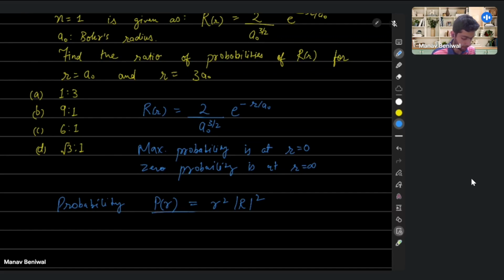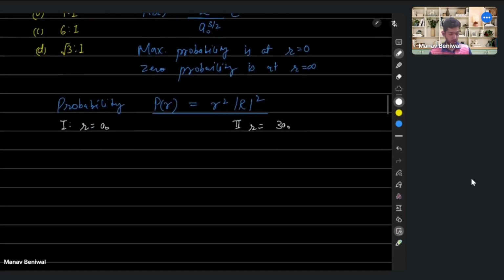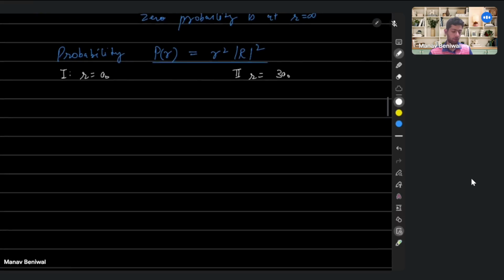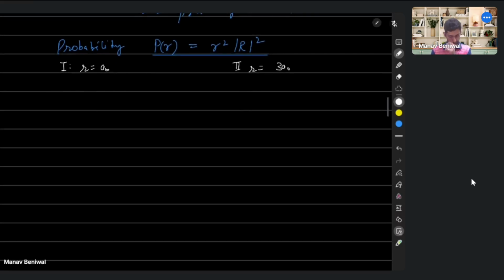So this is how we define the probability when we are given a radial wave function. So this is the formula. Now we have two cases. Case 1, R equals a naught, and case 2, R equals 3 a naught. And we have to find the ratio of probabilities for both these cases.